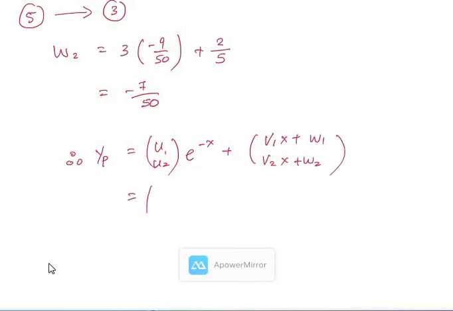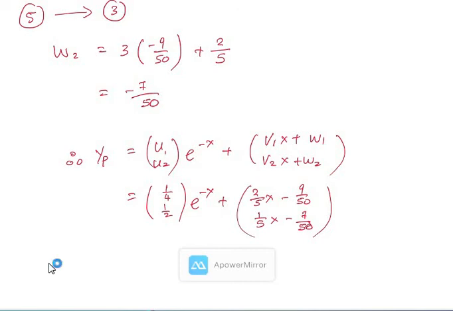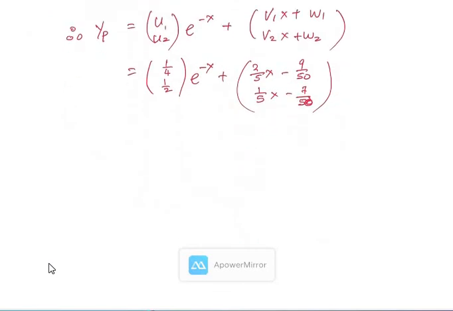So we can insert in all the answers. So this is about part 2, to find the yp. Okay, then next we go to part 3, which is the general solution.